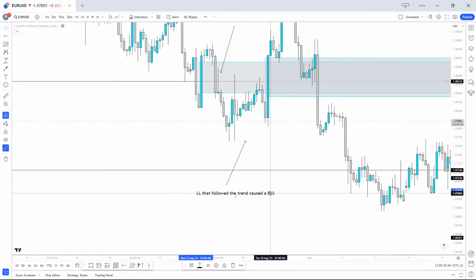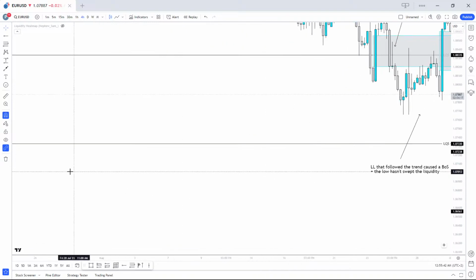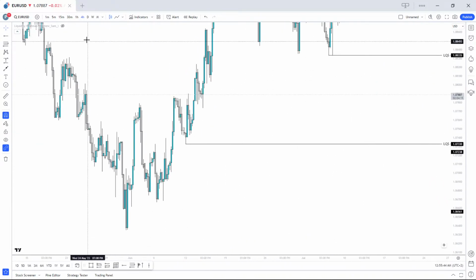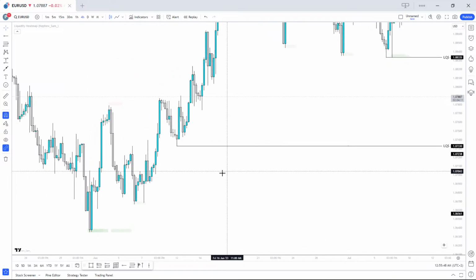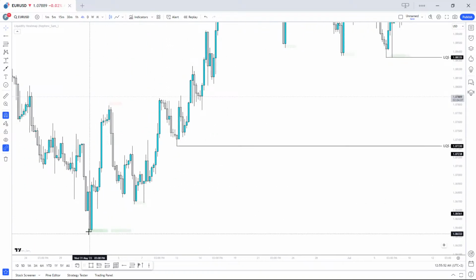And plus the low hasn't swept the liquidity. And actually let's see if this is actually a good liquidity point. Yeah, it's even better because the next liquidity area could be right here, which didn't get swept by this low.